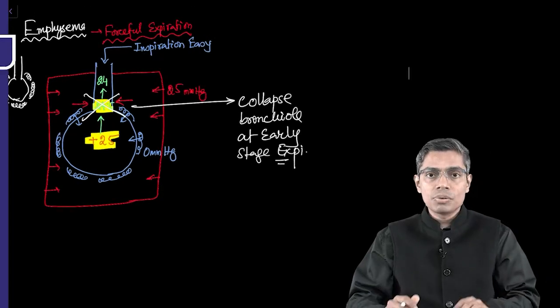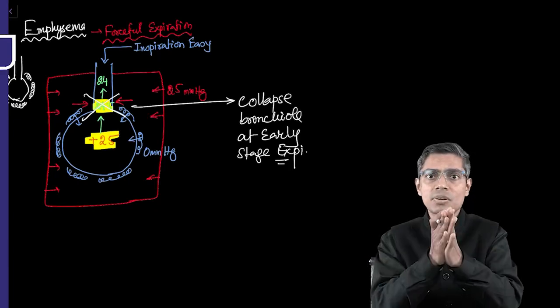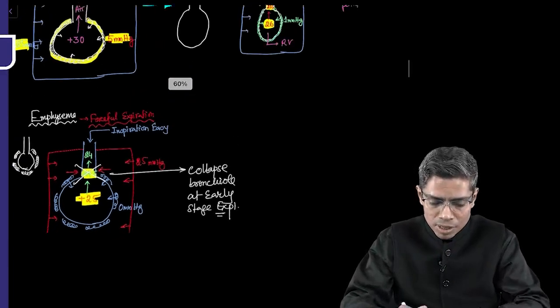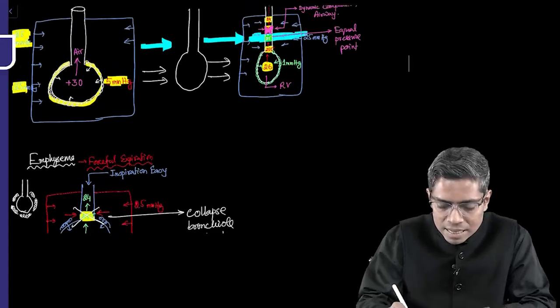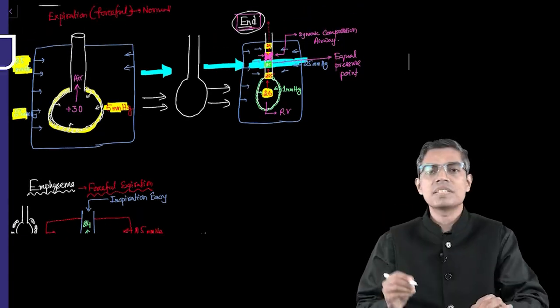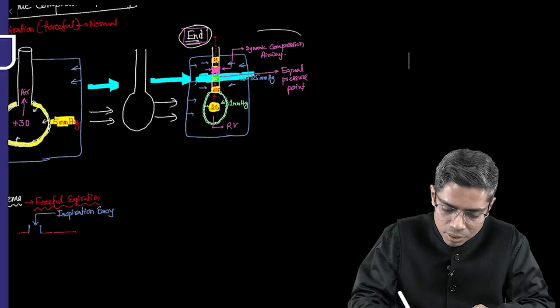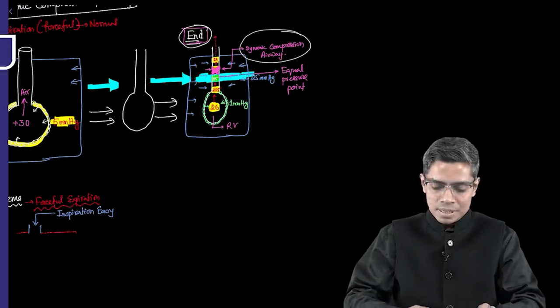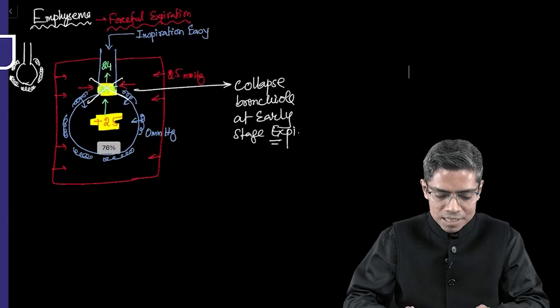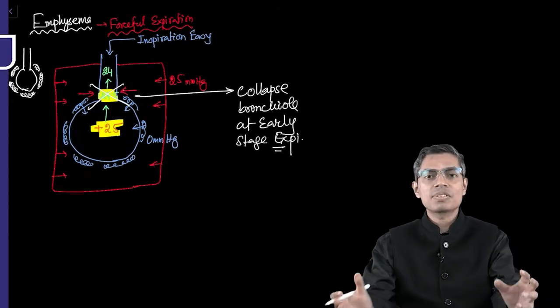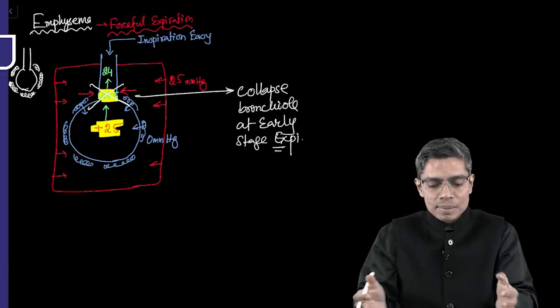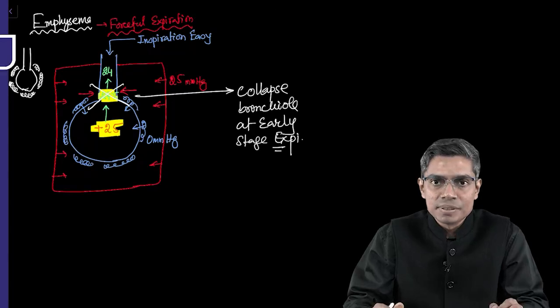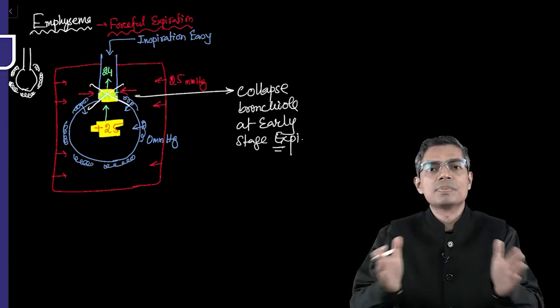Getting my point? So for a normal person also there will be collapse of bronchioles, but look, a normal person will expire a certain volume of air, and only at the end of this expiration will there be closure of these bronchioles. But what is happening in an emphysema patient, due to loss of elastic tissue, whenever the person starts this maneuver, immediately at the beginning of the maneuver there will be collapse of these bronchioles.